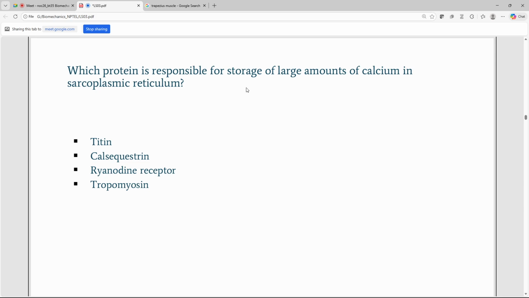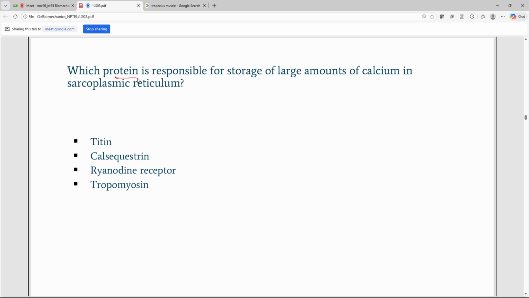Next question. Which protein is responsible for storage of a large amount of calcium in the sarcoplasmic reticulum? This one is a deep question.